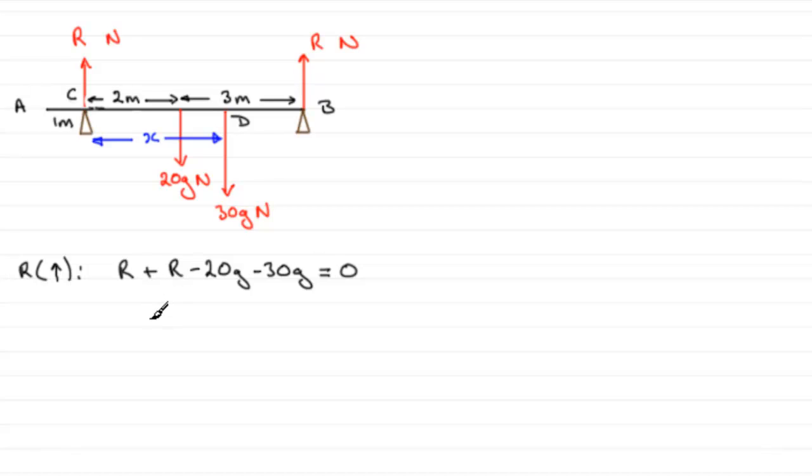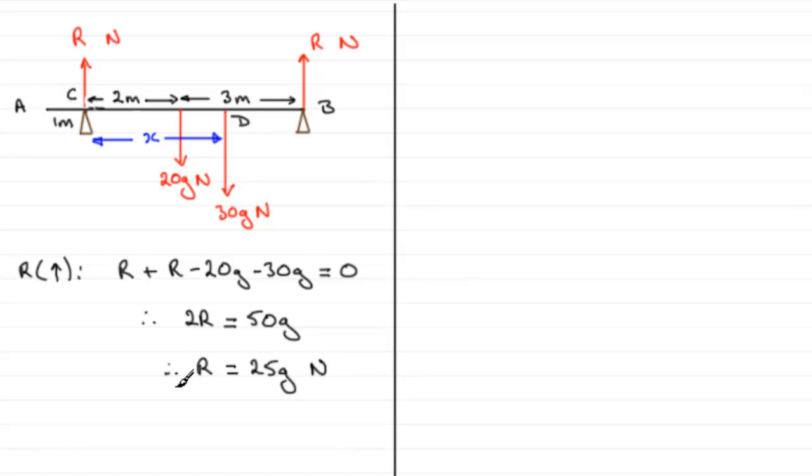So if we simplify this, we've got 2R, and minus 20G minus 30G, which is minus 50G, and if we add it to both sides, we end up with 2R equals 50G. And dividing both sides by 2 gives us that the normal reaction R is going to be 25G newtons then.